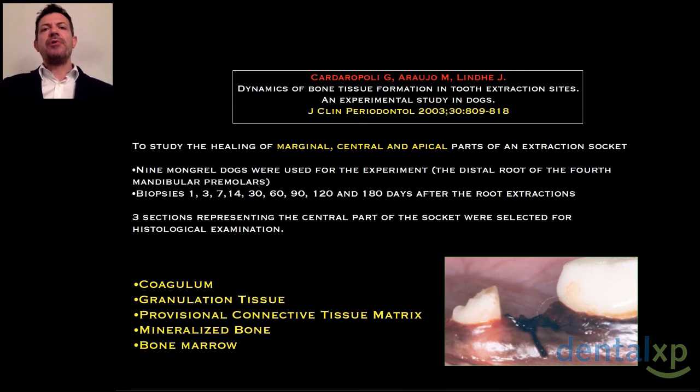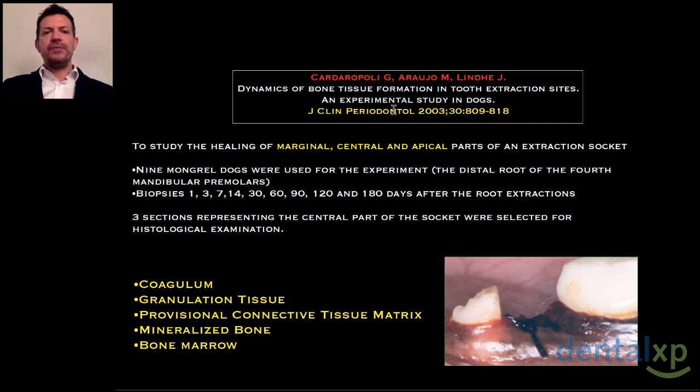Regarding the intra-alveolar process of healing, this was discussed in 2003 in a paper published by my brother Giuseppe together with Maurizio Araujo and Jan Lindhe, in the Journal of Clinical Periodontology. It was a dog model study.